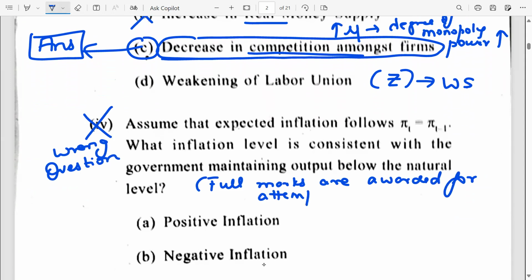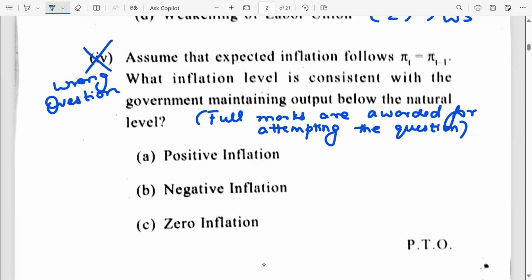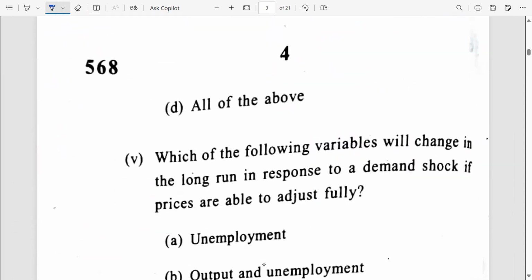Attempting the question means if you mark any of these as your answer, you will be awarded full marks. Irrespective of what you mark, if you mark one of your MCQ options as your answer, you will be given full marks. The question itself was wrong because of some misprint, so we are leaving question number 4. Okay, let's look at question number 5.